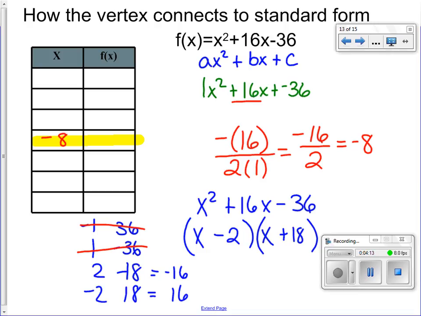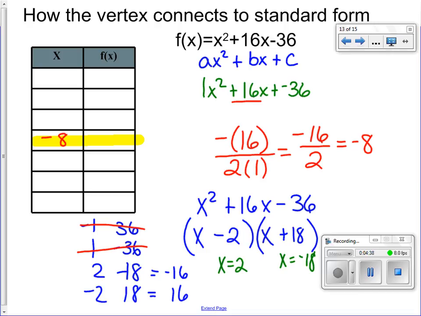All right, so from there, remember, I can get my x-intercepts. So I would also have x-intercepts at positive 2 and negative 18. So I probably want to put those on my table as well, just so I can have a steady flow for the graph.